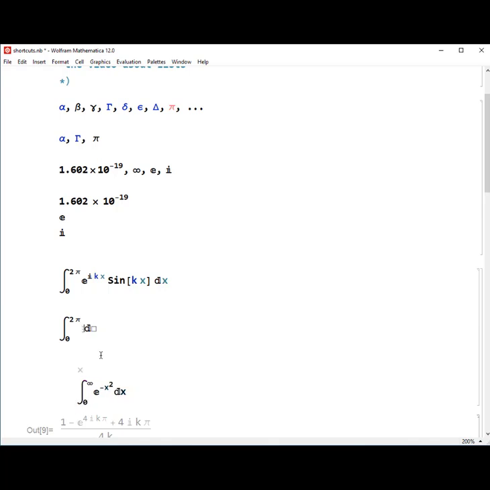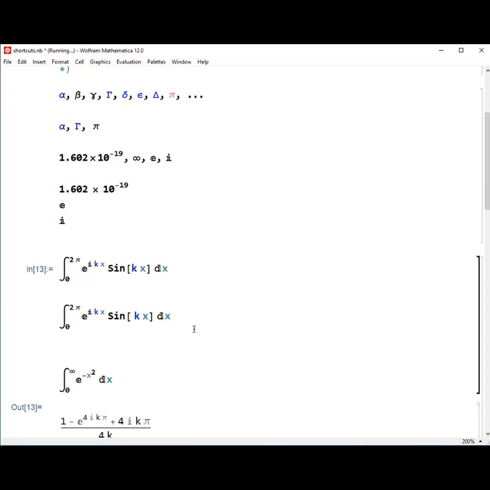I want Euler's number here, so this is EE, escape, and then I'm going to do control and 6. That above the 6 is the caret, so that raises my exponent up. I'm going to do escape, I for the imaginary number, escape, and then K, and then X. Then I'm going to do a sign, K, X, and then I go into the box and I do a dx, and I can evaluate.